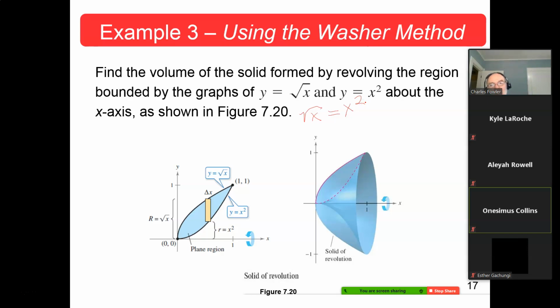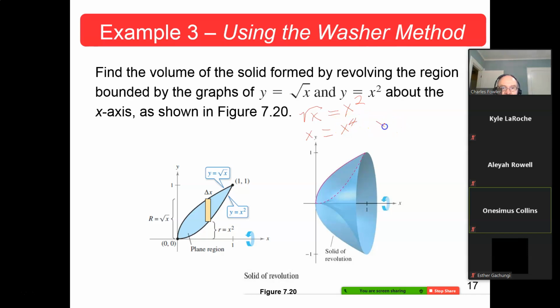Well, I think you can almost just look at that and tell where those are going to be equal. What you can do is square both sides, that would be one way to do it. Realize when you do that you may be introducing some extraneous roots there. That would be x equal to x to the fourth.